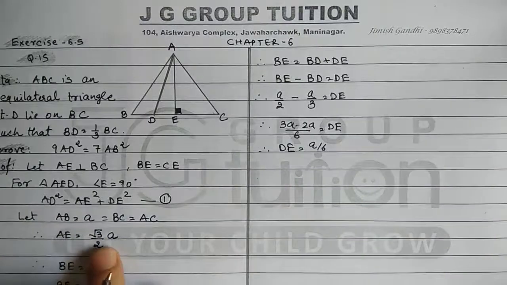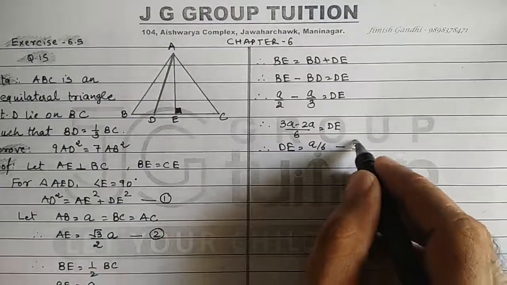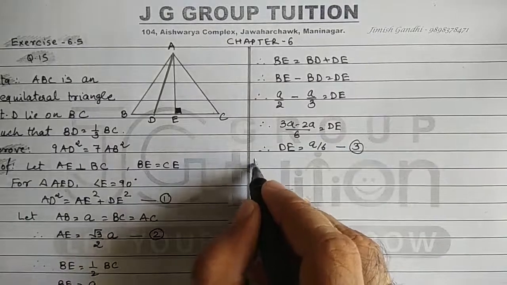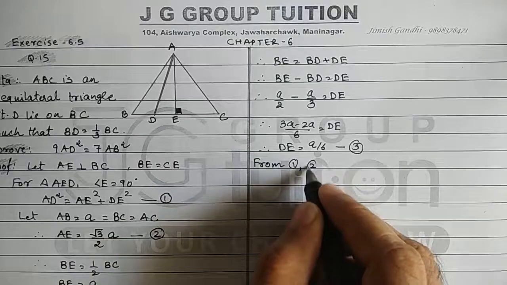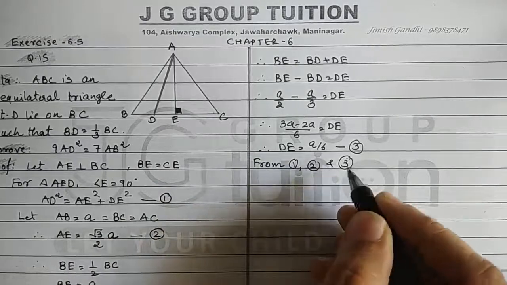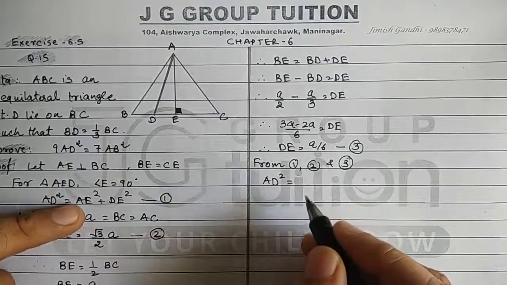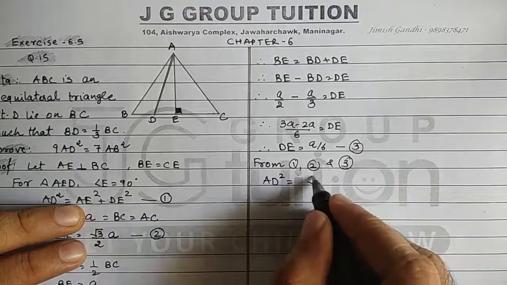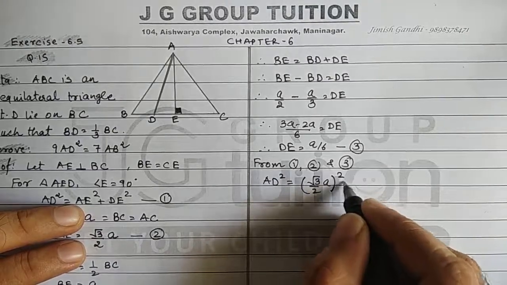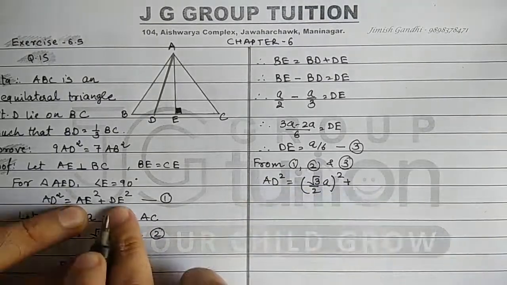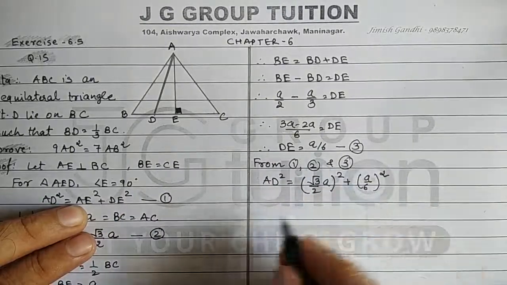Now this value we have, that is AE, and this value we have, that is of DE. So from equation 1, 2 and 3, AD square is equals to AE, the value of AE is root 3 by 2 A the whole square, plus DE square, that is A by 6 the whole square.